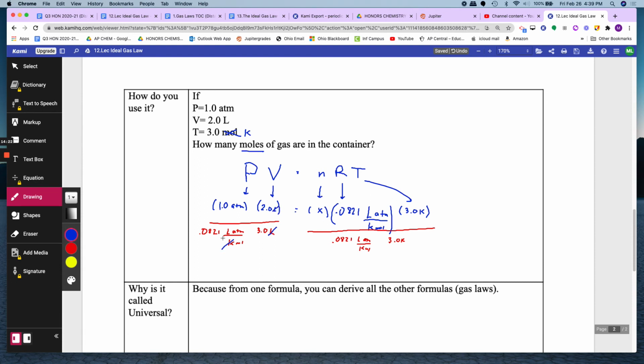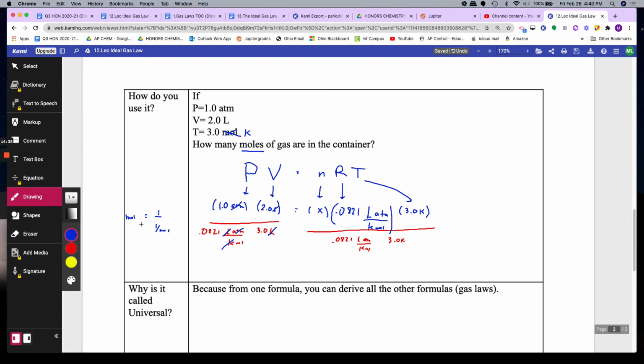The L cancels with this L. The ATM cancels with this ATM. And you're going to end up with 1 over mole, which is equal to moles. Because when you divide, you multiply by the reciprocal, so you just get moles. So x will be in the unit of moles, because it's the only unit left over there.